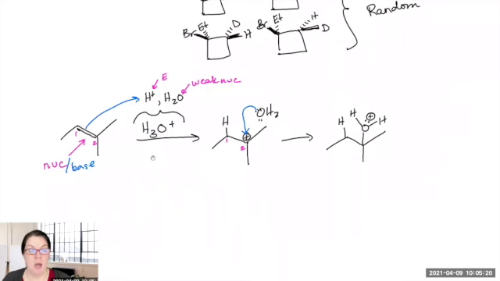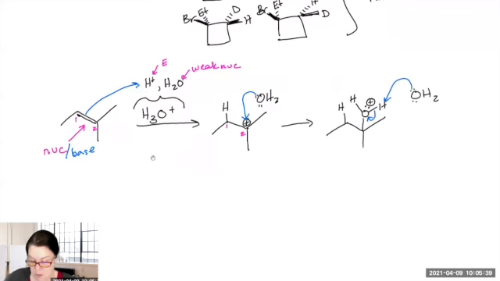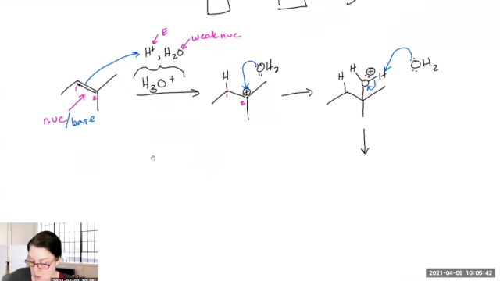Okay. Oxygen doesn't like having a plus charge on it. It's an electronegative atom. So another water molecule is going to help neutralize it by acting as a base, grabbing hold of one of the protons so that oxygen can get back those electrons. And you end up making a tertiary alcohol.